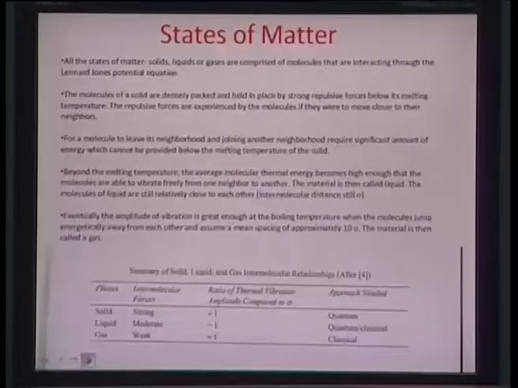So moving an atom from one neighborhood to another becomes an immense problem. For a molecule to leave its neighborhood and join another neighborhood, you would need to provide energy to the system, and this energy would be thermal energy.